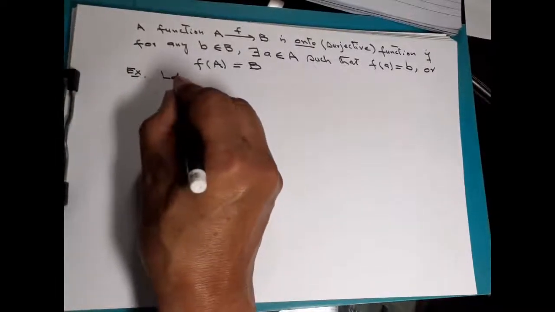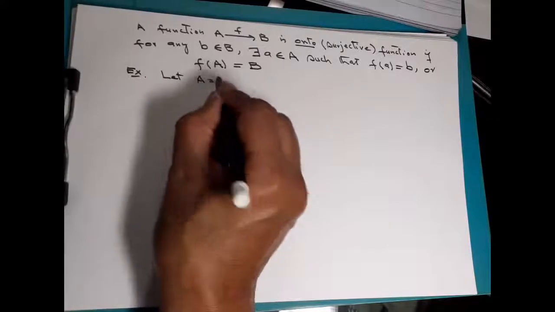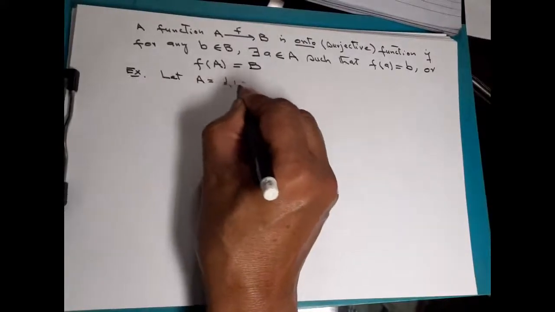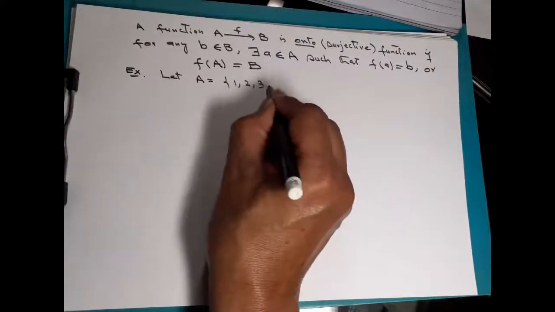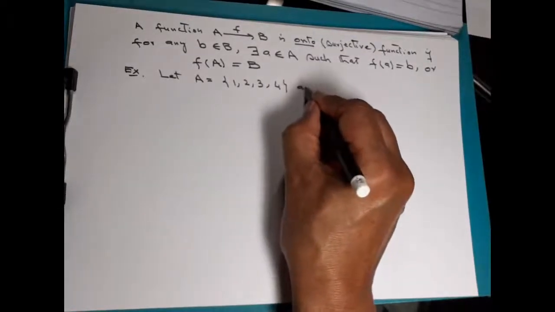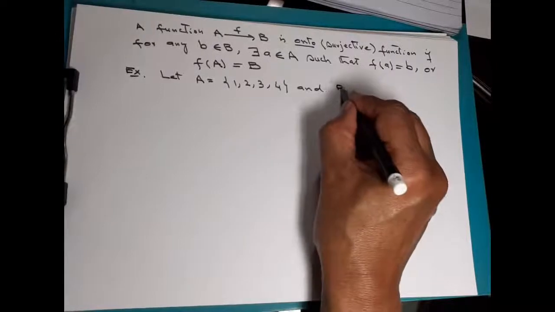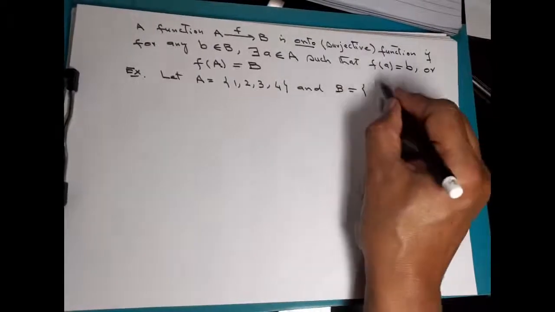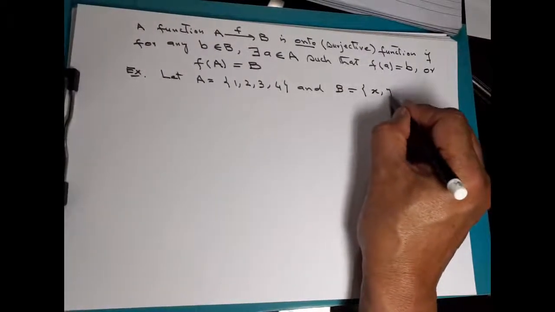Let the set A is equal to {1, 2, 3, 4} and set B is equal to, let's say, {x, y, z}.